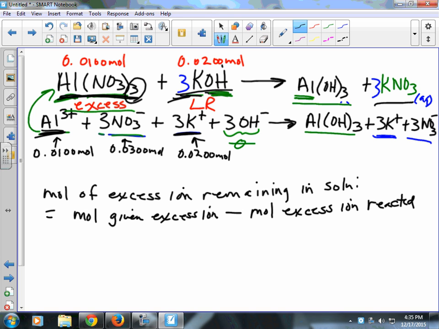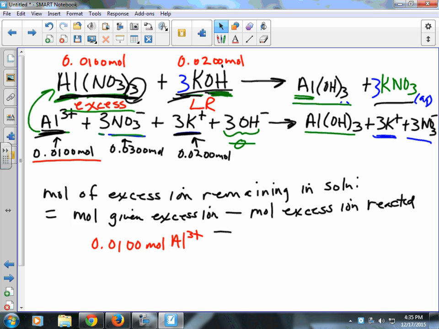And that would give us moles of excess ion left over in the solution. We know how much excess was given. We just calculated it right there. But we do not know how much of it reacted.